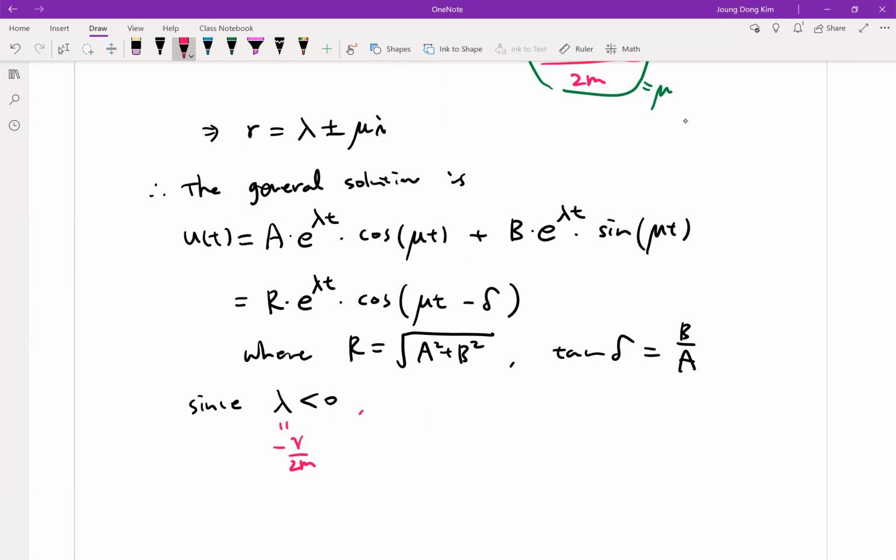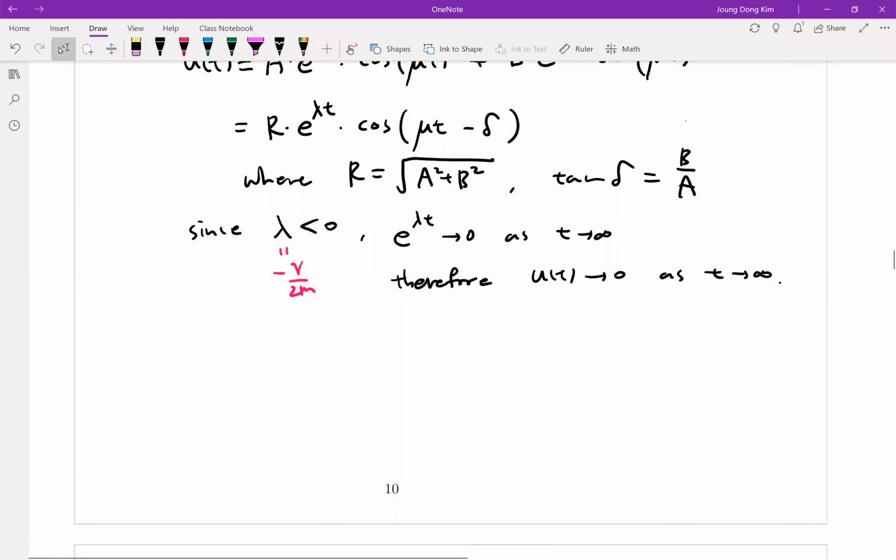Then what happened? Look at that. e to the lambda t goes to 0 as t is increasing. Does it make sense? As you know, cosine is just between minus 1 and 1, and your u(t) goes to 0. Therefore, u(t) goes to 0 as t goes to infinity. Let me give you the graph of this solution curve.